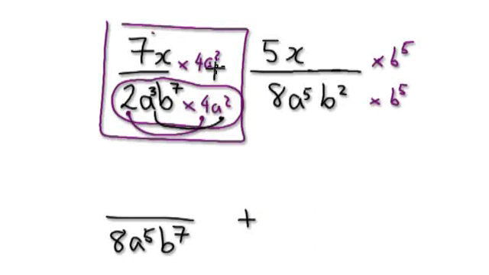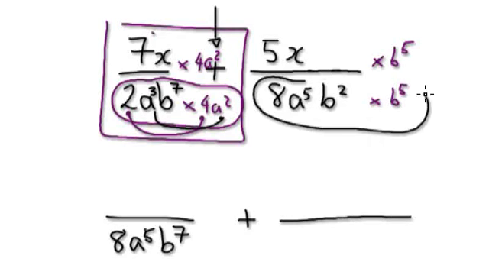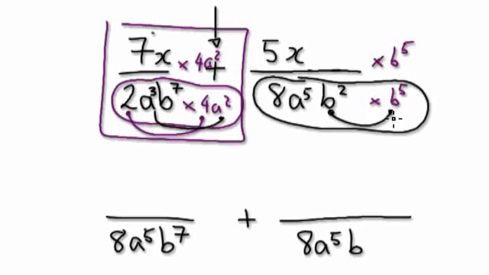And remember our plus. This is a plus right here. Over this side, let's get this times this. This will be 8 a to the power 5, b times b here, b to the power of 7. Can you see that the two denominators are the same now? So later on we can merge.